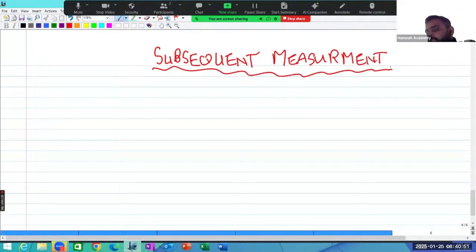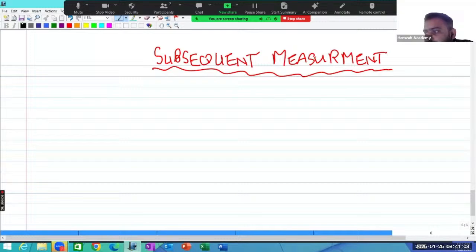Dear student, initially the non-current asset, property, plant, and equipment are measured at cost.